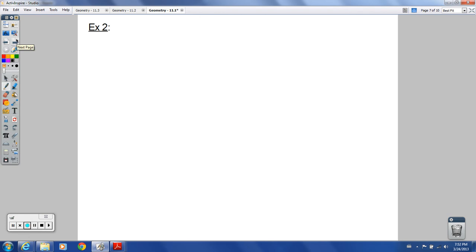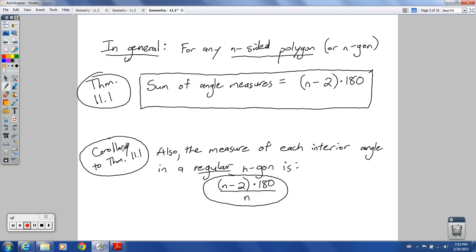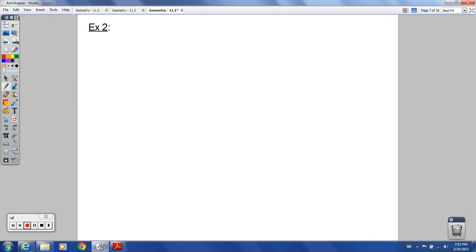These ones are pretty quick, but example 2, now we're going to check out the corollary. I want to see us use this now, the corollary to theorem 11.1. So we're going to have a regular polygon. So each angle in a regular polygon has measure of 165 degrees.